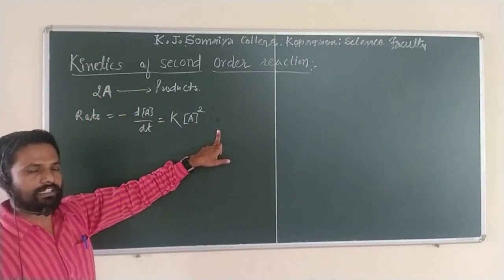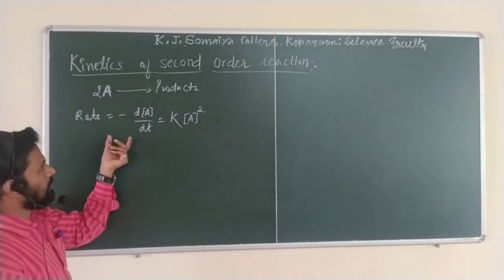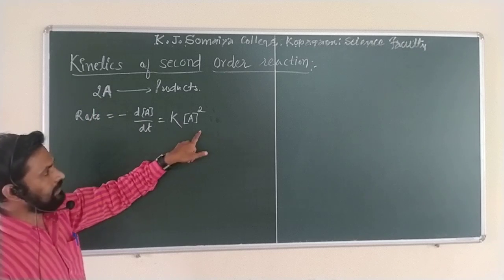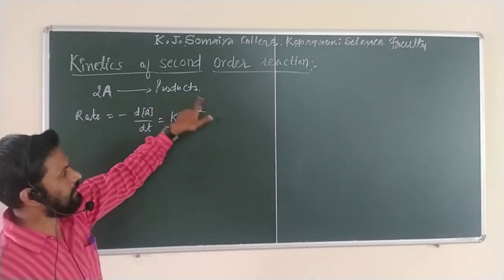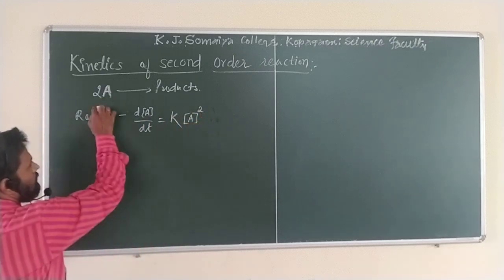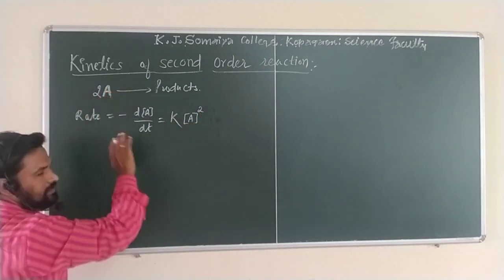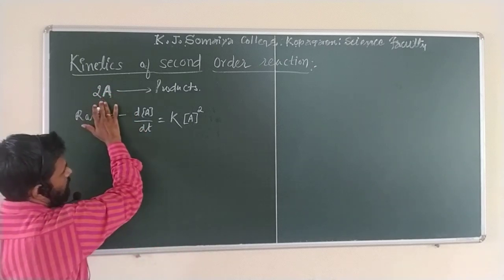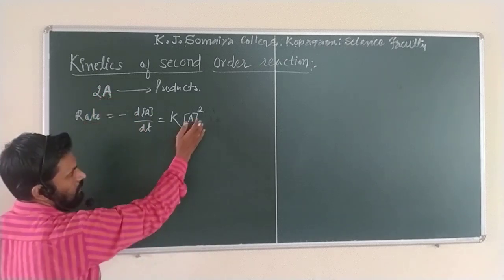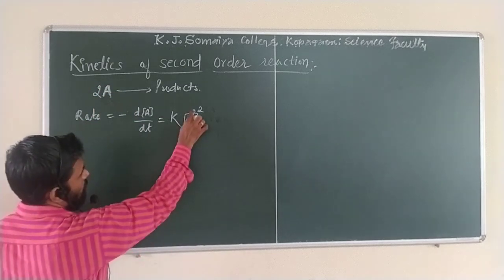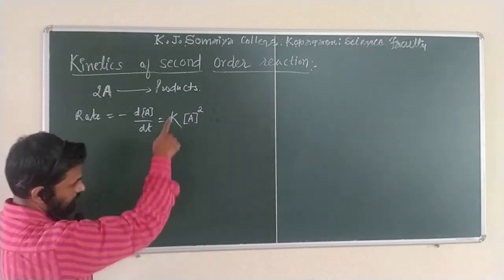But whenever such a reactive molecule is involved in the rate equation, the power in the rate equation becomes the order. So here the total concentration of A is the measurable change, therefore the stoichiometric amount of 2 comes as the power. This is one of the conditions. Here we can say the order becomes 2. This is one way.